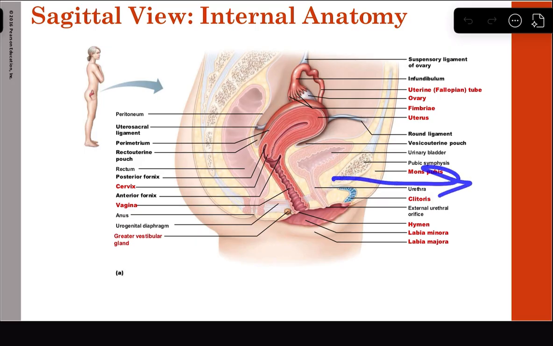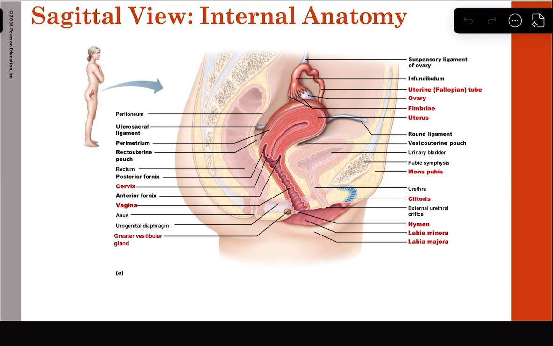It's still a sagittal view, but instead of facing toward the left, now she's facing toward the right. So please do be aware of that. Take time to orient and make sure you know what you're looking at and from what perspective. This really can make a big difference.